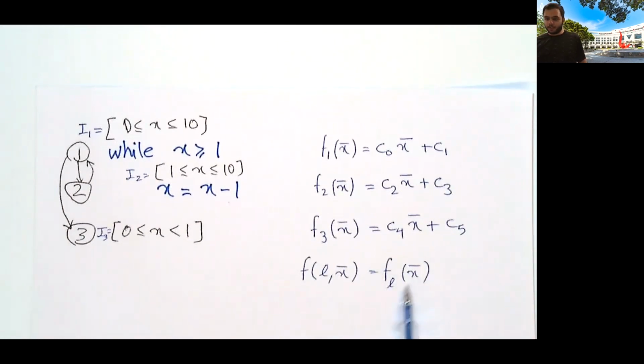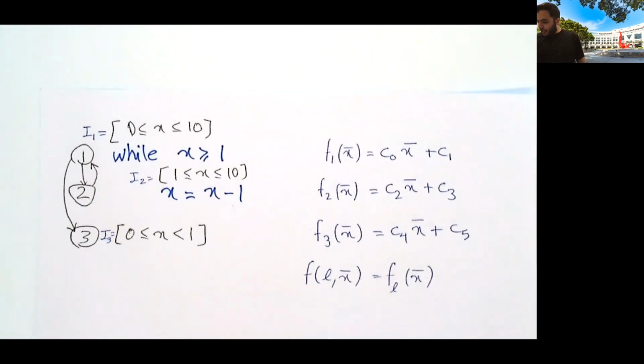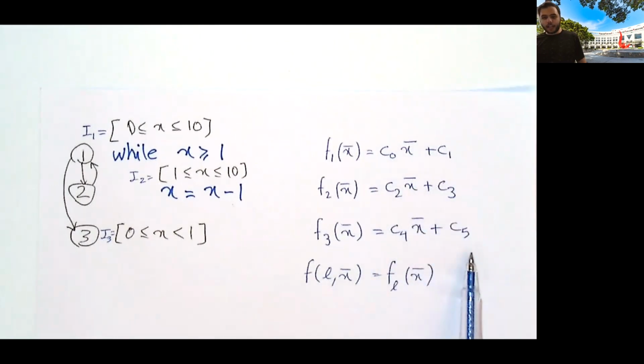These are both the same thing. And basically our goal is to synthesize values for the CIs and also for that other decrease factor that we had, which we called epsilon, such that this function f becomes a ranking function and proves termination for our program.